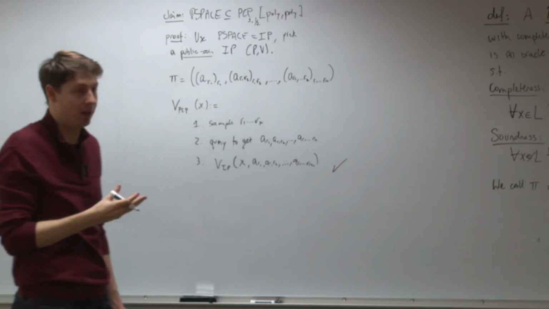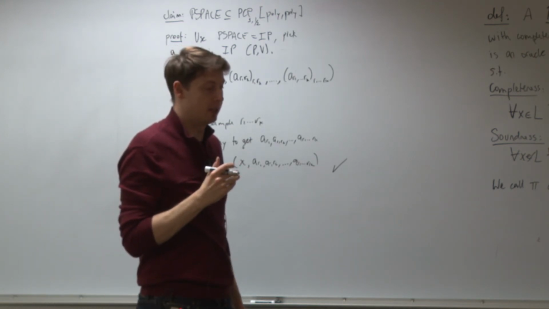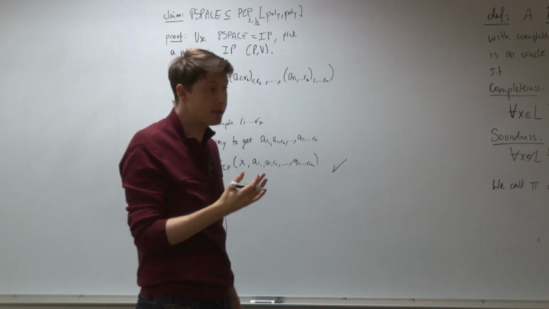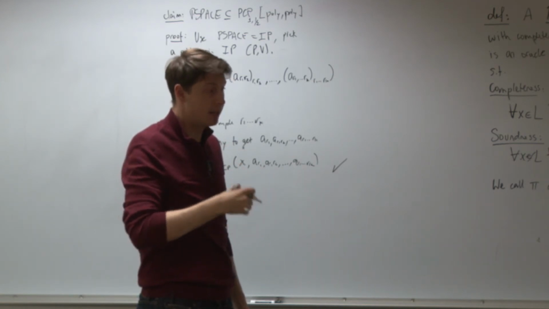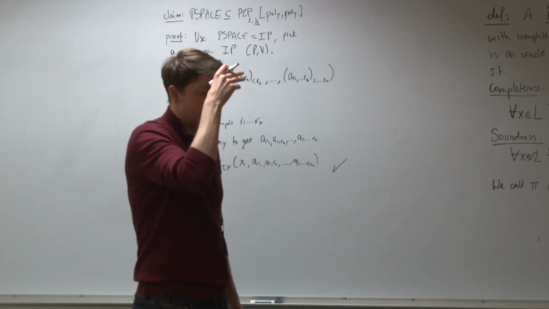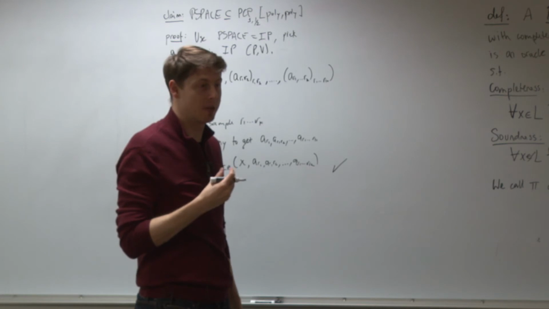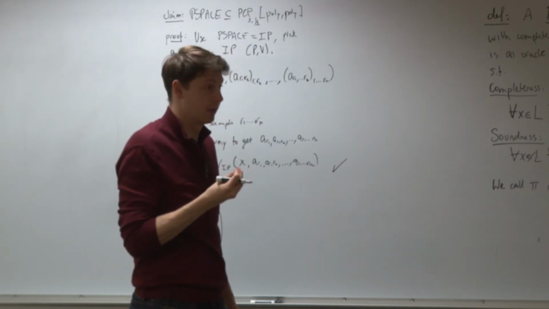MA, you can think about it, of course, in PCP language because MA says the prover moves first, he sends a witness, the verifier reads it in full, and flips randomness. So what am I talking about?